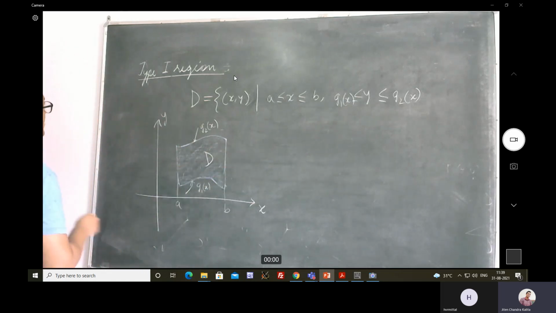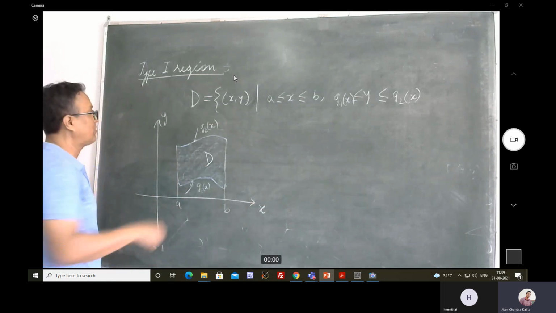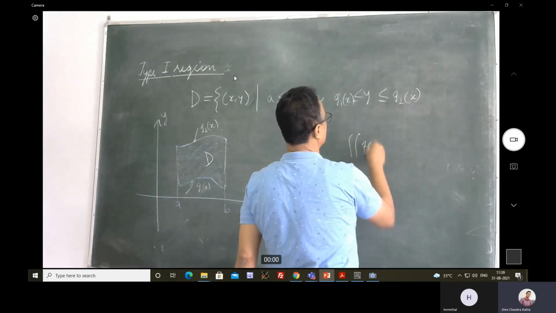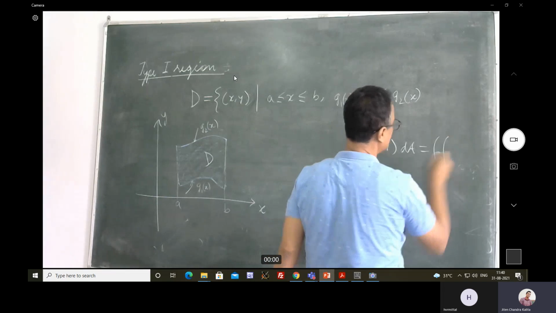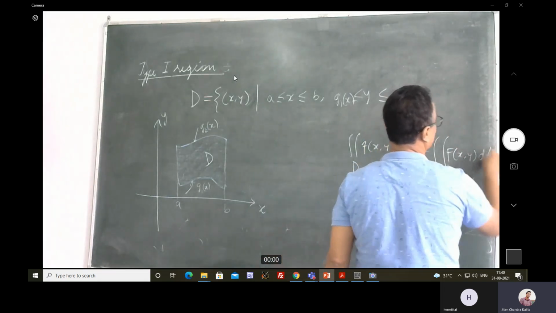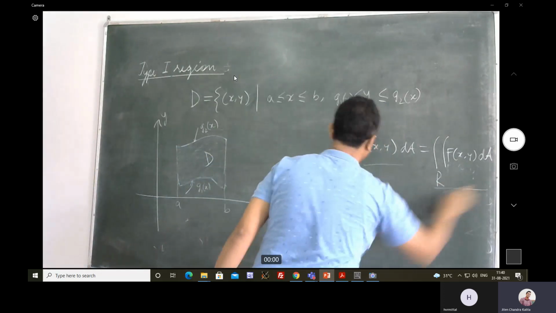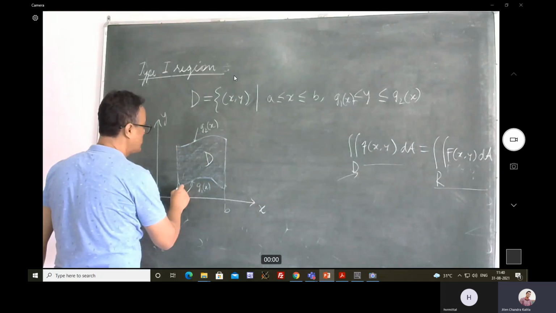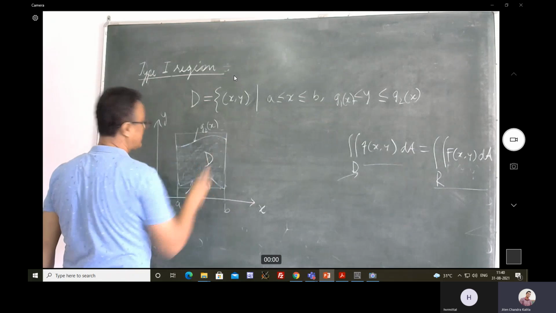Now, here, one thing I want to tell you: if I want to convert this integral into this, where D is a type 1 region, what is going to happen? You can easily get some rectangles like this.